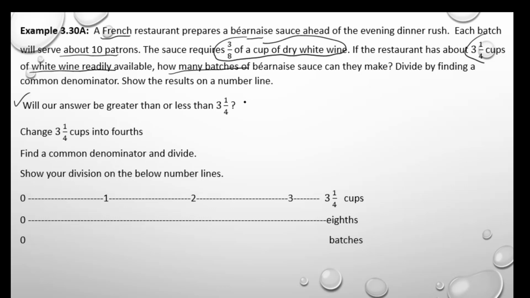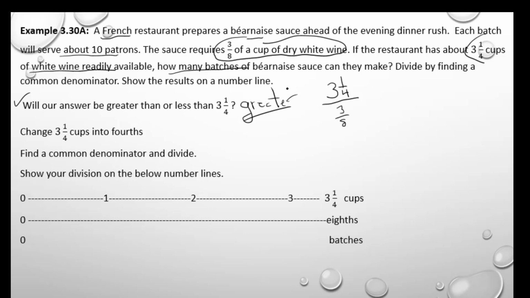And if you answered greater than, excellent. But here's the problem a lot of students have. So this is just 3 1/4 divided by 3/8.